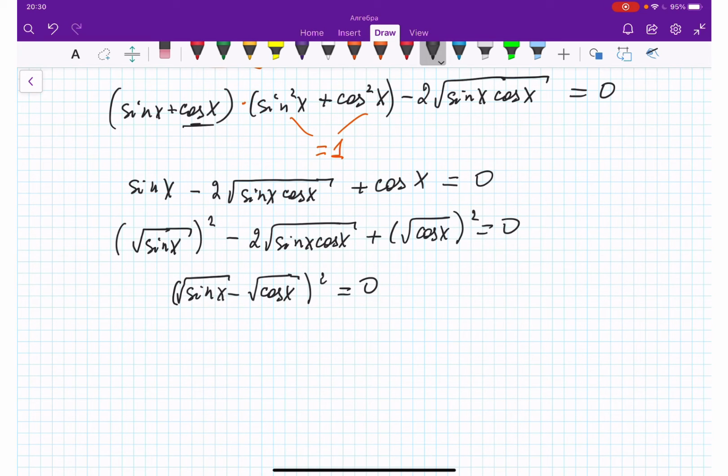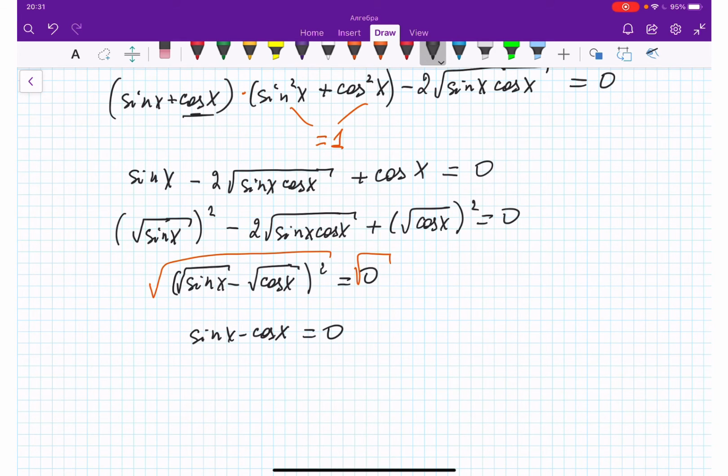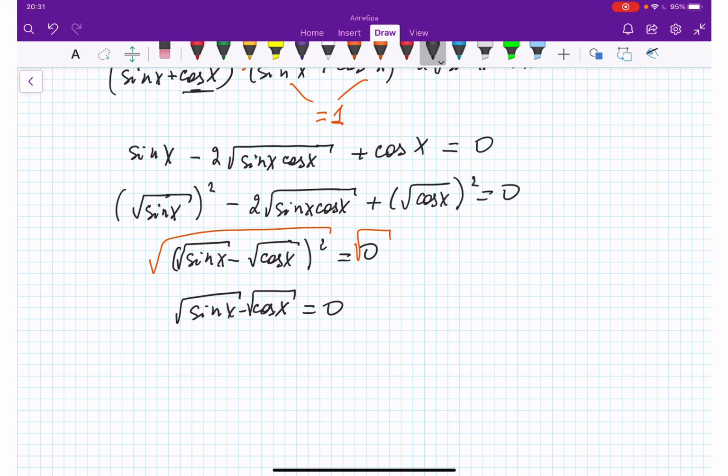So from here, if we take the square root from both sides, we get square root of sine x minus square root of cosine x is equal to 0, which means square root of sine x is equal to square root of cosine x.